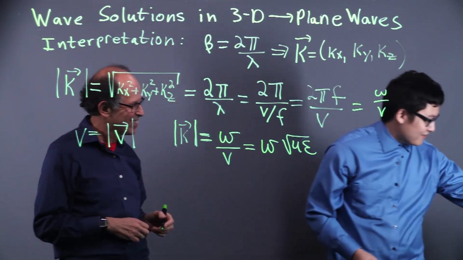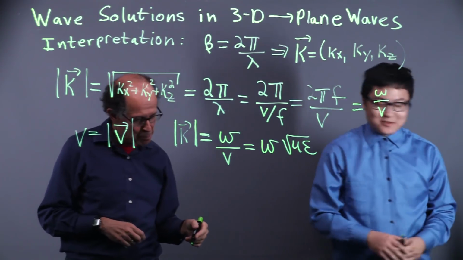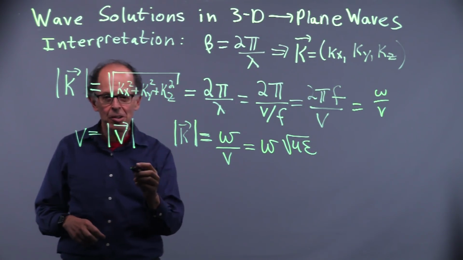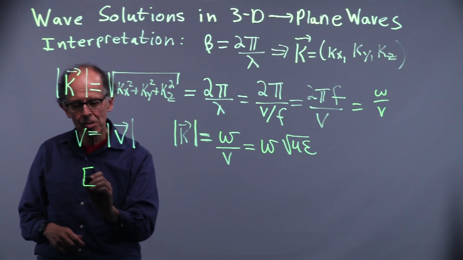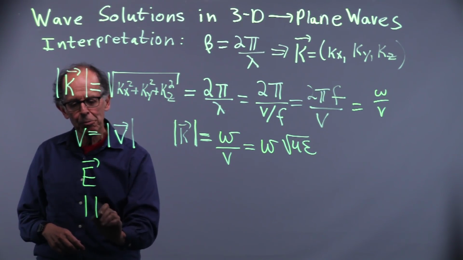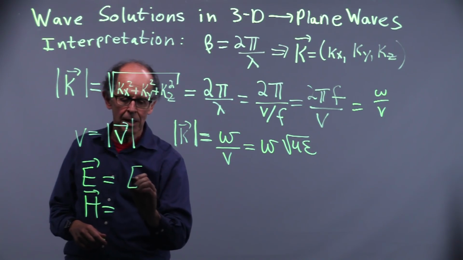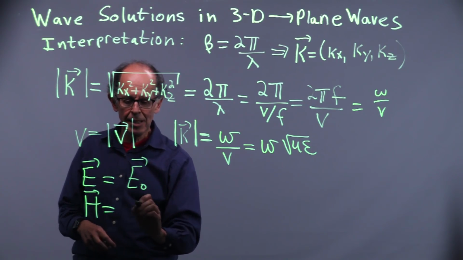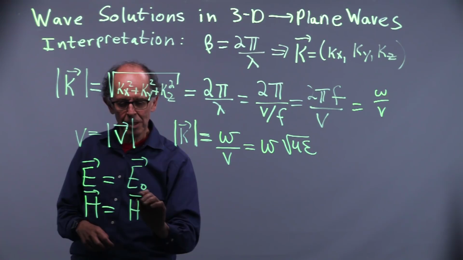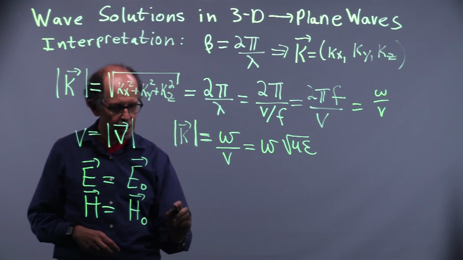While you're packing up, I will just close off by saying that we'll use this stuff on plane waves to actually substitute in E and H in this form, and we'll do that as an exercise.